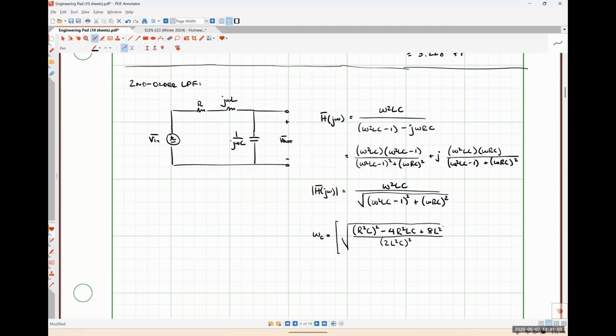That ends that square root plus 0.5 R squared C minus L all over L squared C. Close that bracket, square root that whole thing.